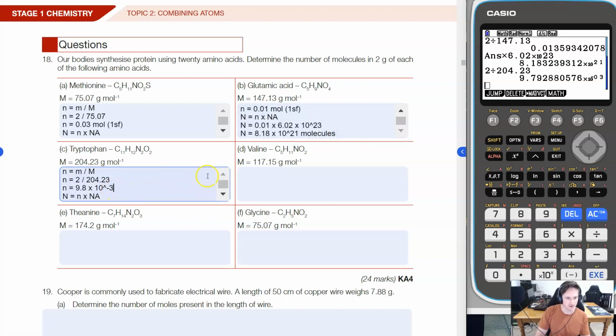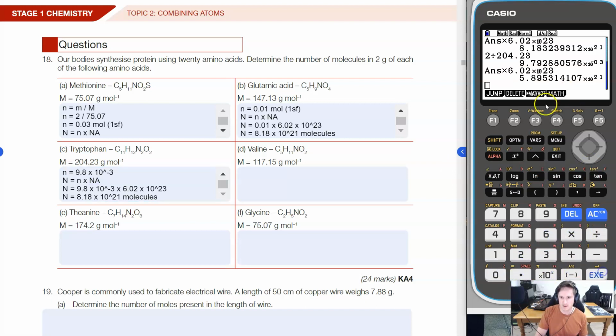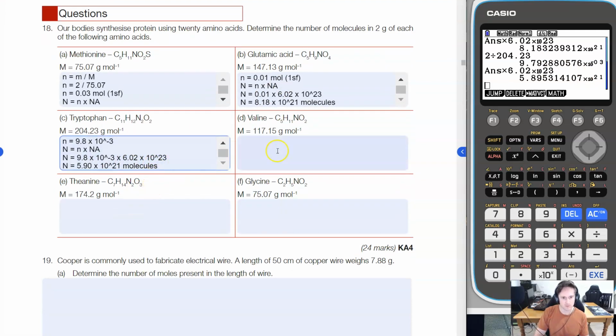I can keep it in scientific notation, that's fine. And I'm going to multiply that number by Avogadro's number to go from the number of moles to the number of molecules. So multiply by 6.02 times 10 to the 23. So that is going to be 5.89. I'm going to round that off to 5.90 times 10 to the power of 21 molecules. Awesome.